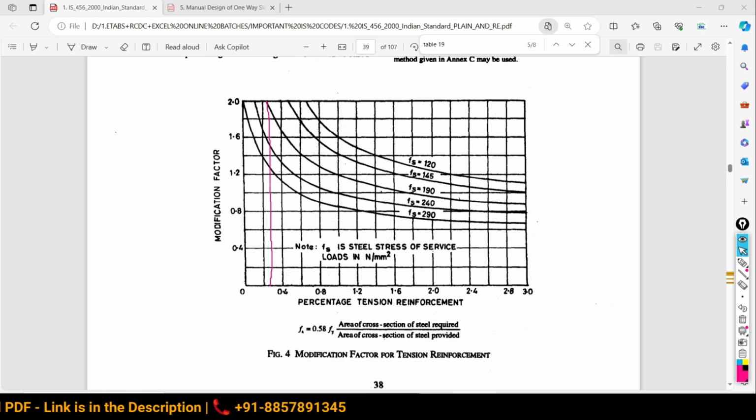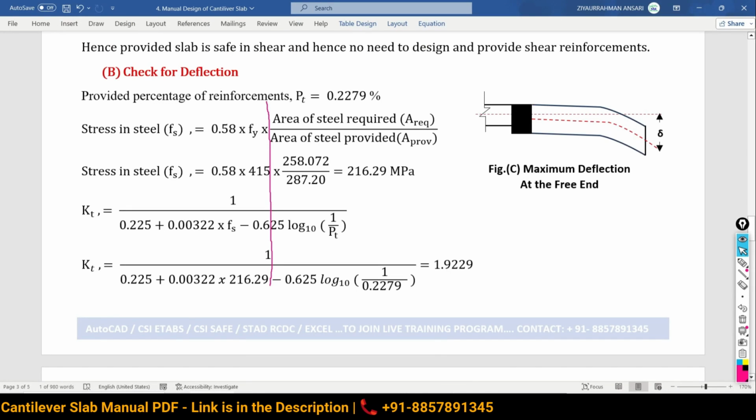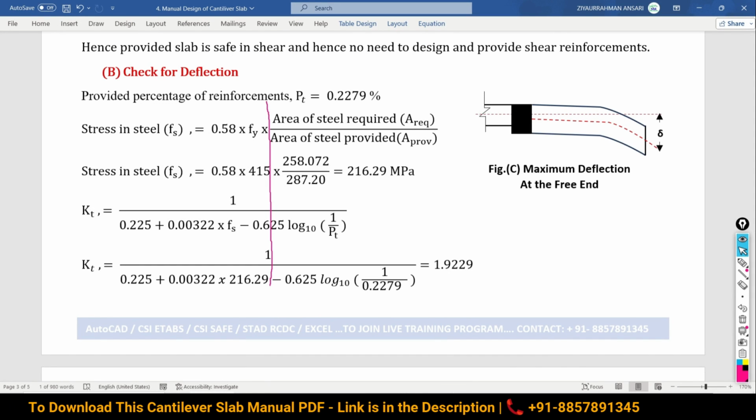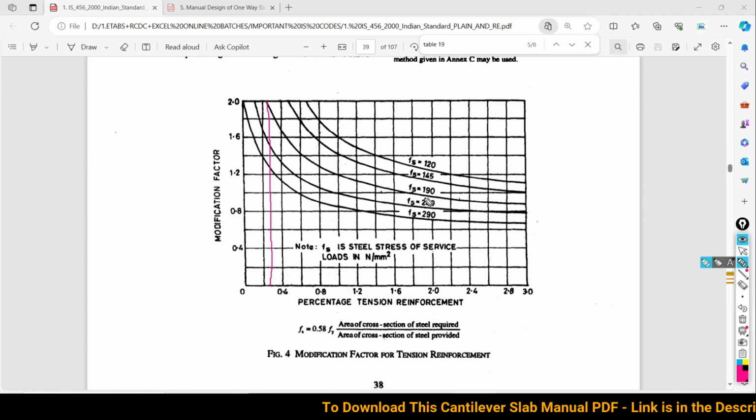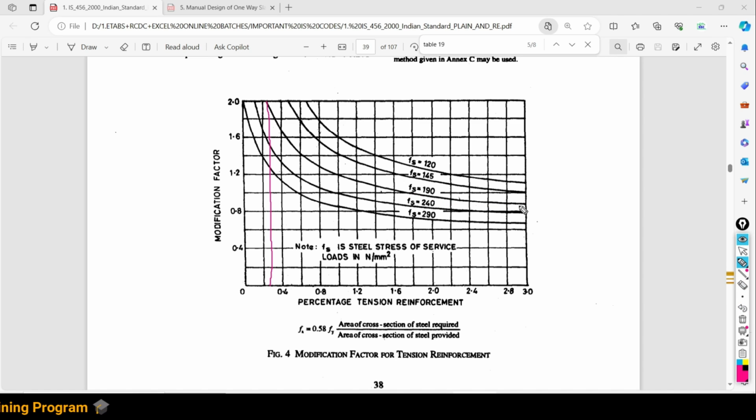Now what next? The FS value. We have calculated the FS value as 216. Where is 216 available? 120, 145, 216, so in between these. The curve for 216 is not available, so we have to assume it somewhere in between 190 and 240.